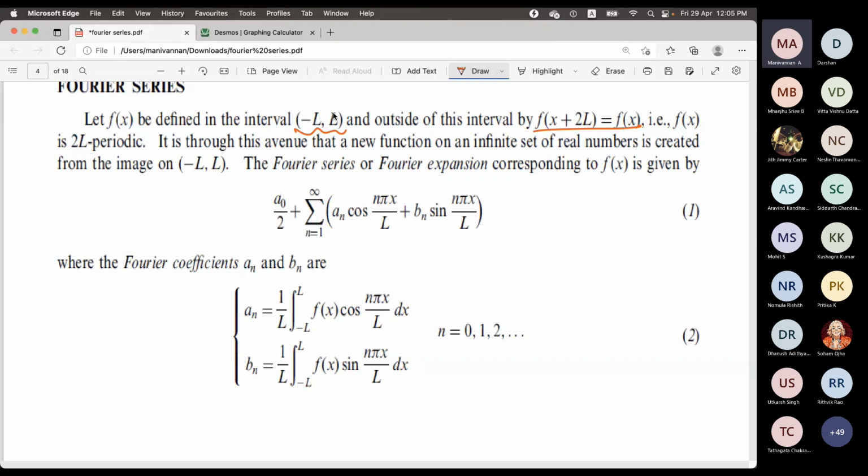So f of x has the period. What is the period? The length of the interval, L minus of minus L, which is 2L. This is my period.